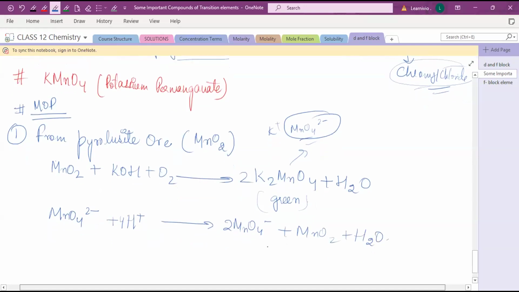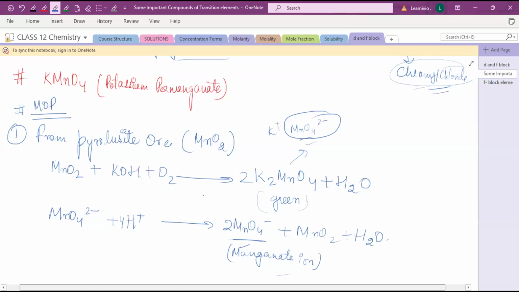Now here you can see this MnO4 minus is the permanganate ion. If you add K to it, it is potassium permanganate, KMnO4. That's how we prepare potassium permanganate using pyrolusite ore.